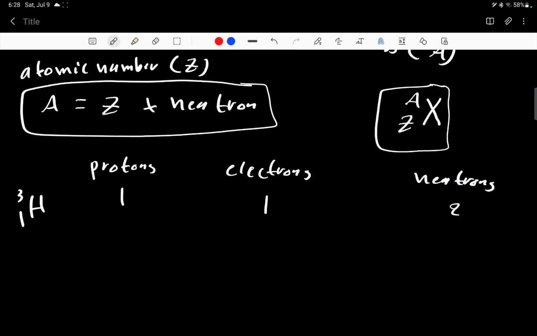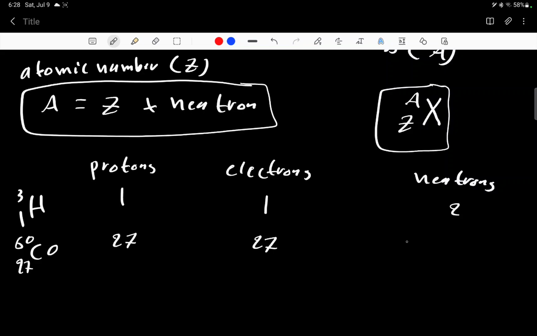Okay. Now let's try another example, and that is going to be the cobalt, which has an atomic mass of 60 and an atomic number of 27. So the number of protons is going to be 27 because the atomic number is 27. And the number of electrons is going to be 27 as well because we have no charge here. For the number of neutrons, we are going to apply this formula one more time.